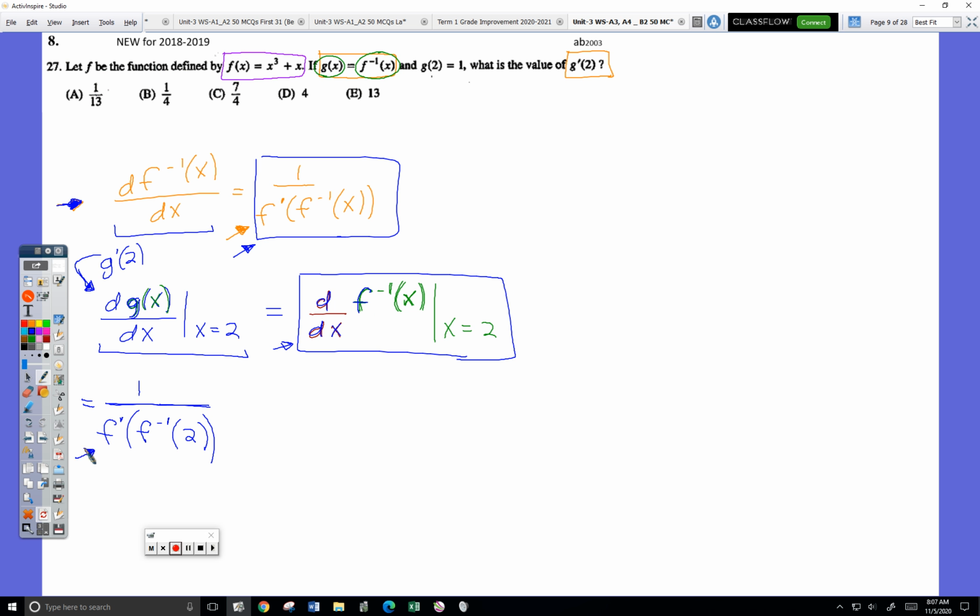So now I'm looking to find the value for f inverse of 2. So I'm back to looking for equality, looking for something that's equal to something. There's a clue up here that tells me the value of f inverse of 2. Who can see it? Come with the hands. Talk to each other for a minute.